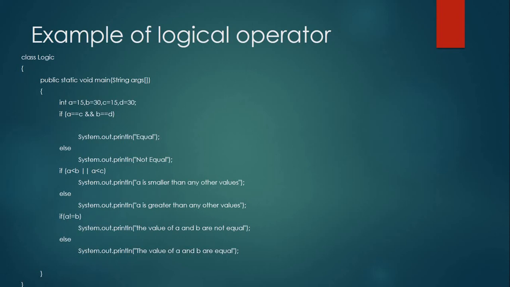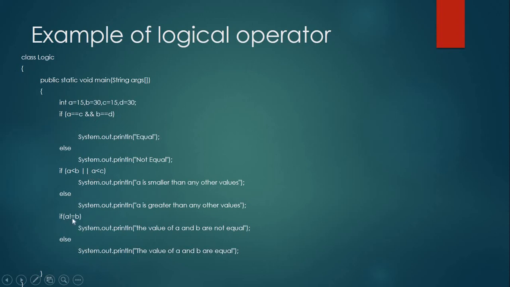If both conditions are true, then no worry, the whole condition will be true. But if either condition is true, means a less than b is true or a less than c is true, then our whole condition will be true. This is the difference between AND and OR. Here both conditions must be true. Here any one condition must be true.